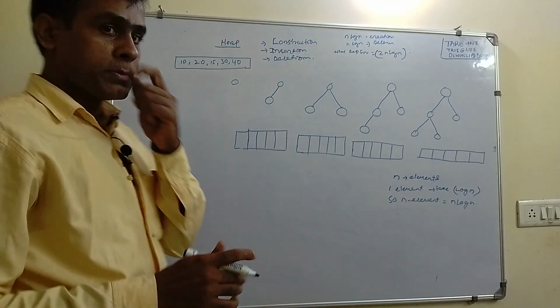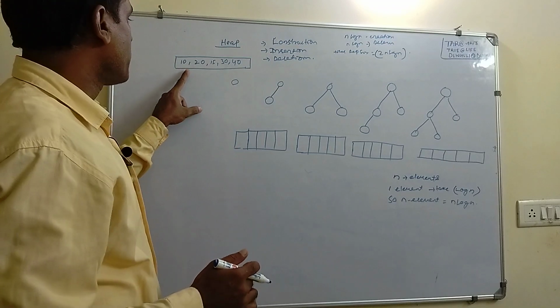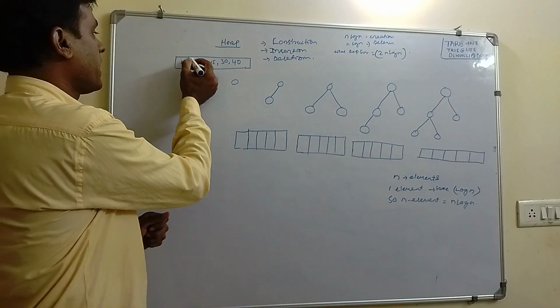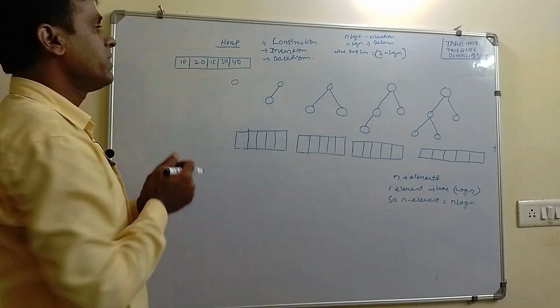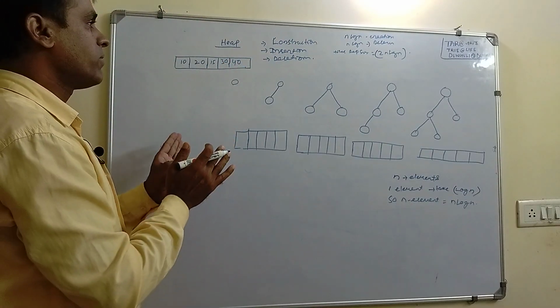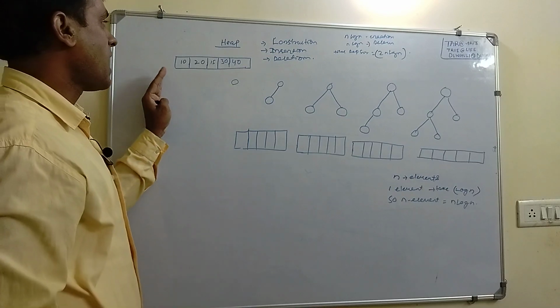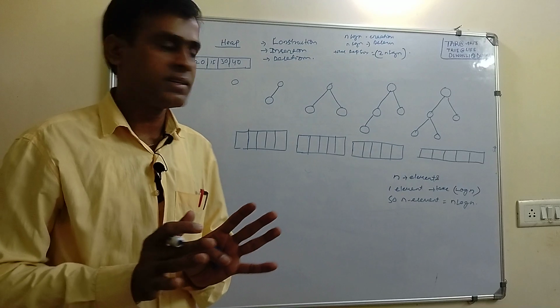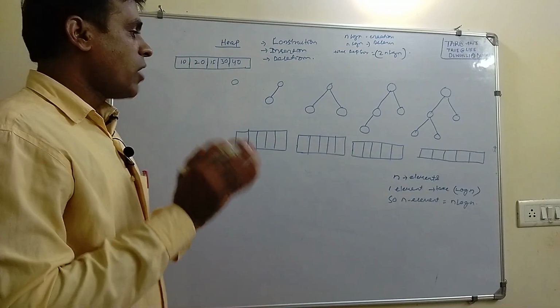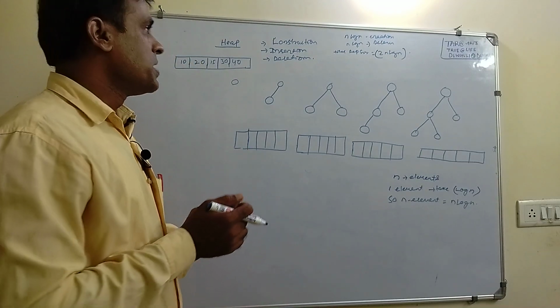So now suppose I have these elements: 10, 20, 15, 30 and 40. What I want to explain is how to create the heap and what the time complexity is for that, and how to delete the elements.